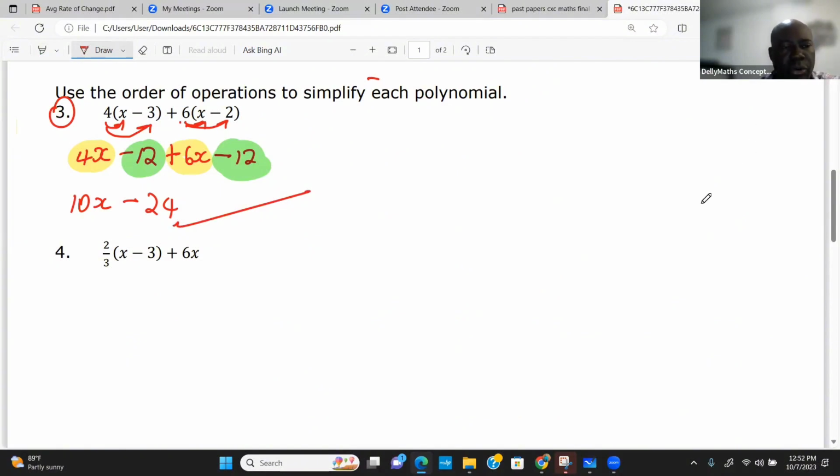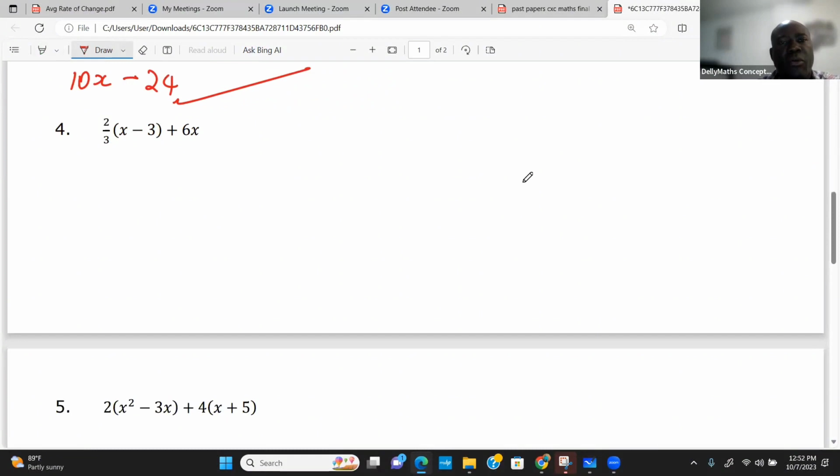Let's take a look at number 4. For number 4, what we're doing here is we're going to distribute the 2/3 inside the parentheses. And then we add 6x. So if I distribute 2/3 with x, I'm going to get 2/3 x. 2/3 times negative 3.